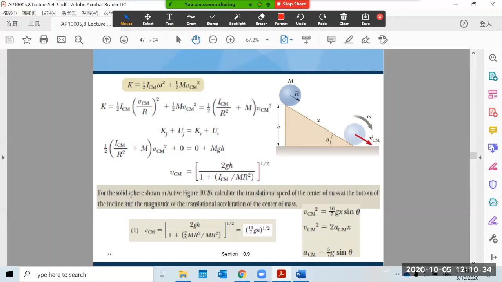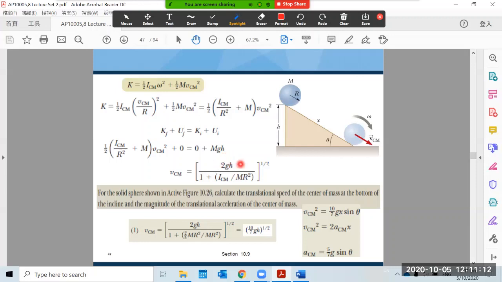Omega is related to V_CM by the connection equation. V_CM equals omega r. So omega equals V_CM over r. And with the suitable combination of the terms, we could write down the total kinetic energy. And where does the kinetic energy come from? It must be coming from the loss in the gravitational potential energy.